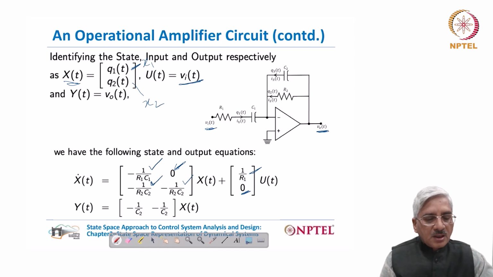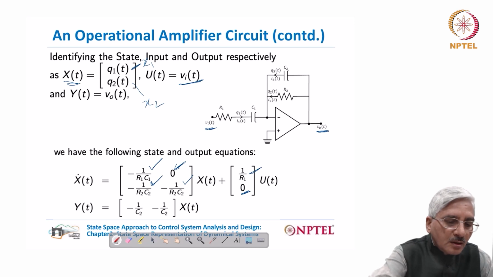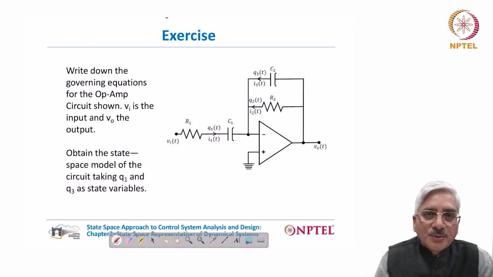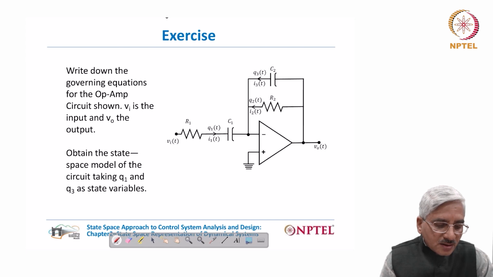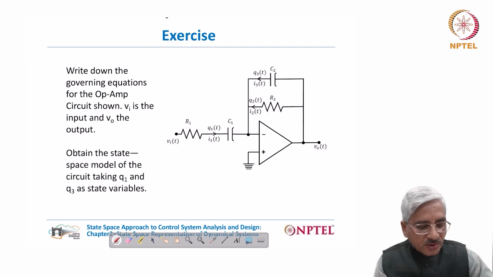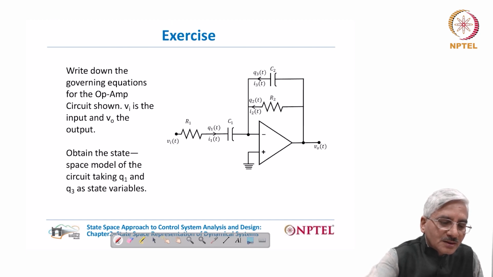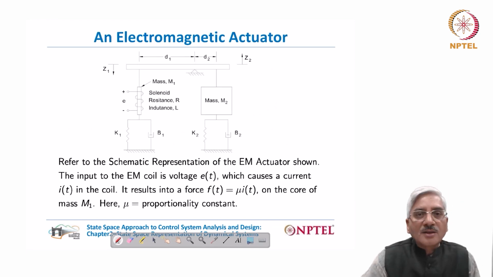So this gives the mathematical model of the operational amplifier circuit. What I want you to do, as an exercise, with the same circuit, is to consider Q1 and Q3 as the state variables instead of Q1 and Q2, which was done, and obtain the state and output equations.